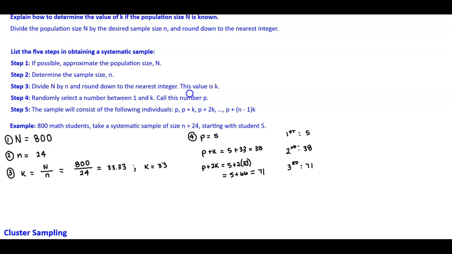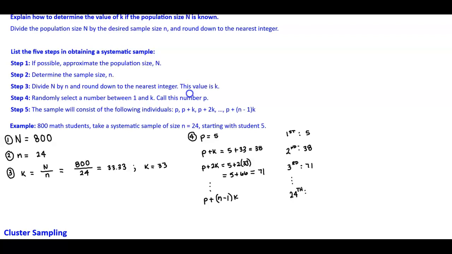Okay, and now what we want to do is go all the way down to the 24th value, meaning what is the 24th value? Well, recall here that the final number is going to be p plus n minus 1 times the value of k.